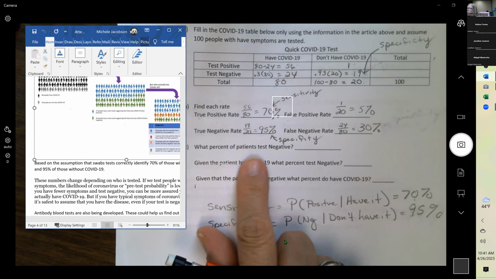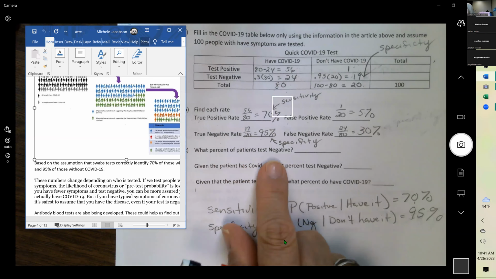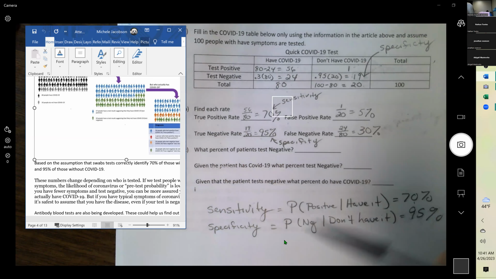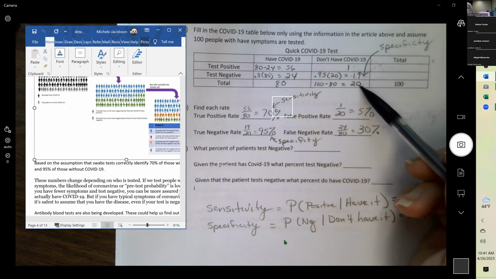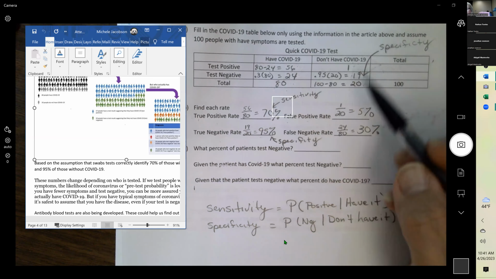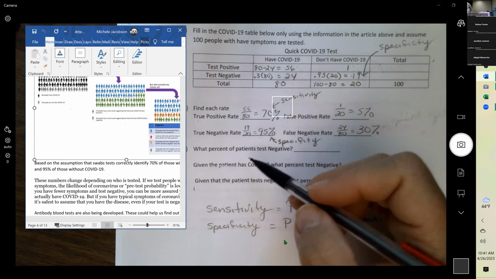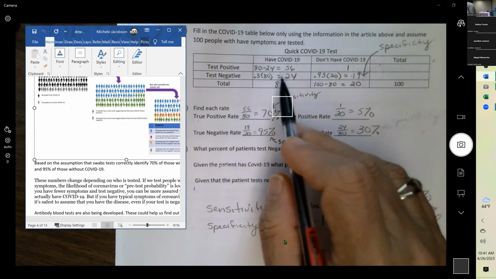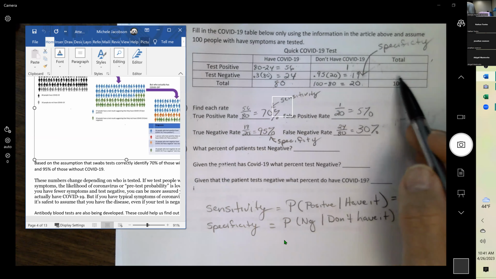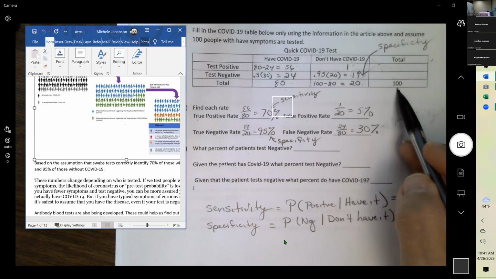What percent of patients test negative? So if we're talking about all of the patients, you want to be careful. These are givens, and that's why we're only using the values below them. But here, if we're talking about all of the patients, what percent of the patients test negative? Then you want to find the total that are negative divided by the 100 in this case.